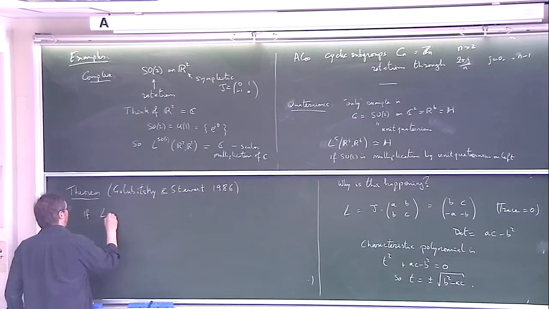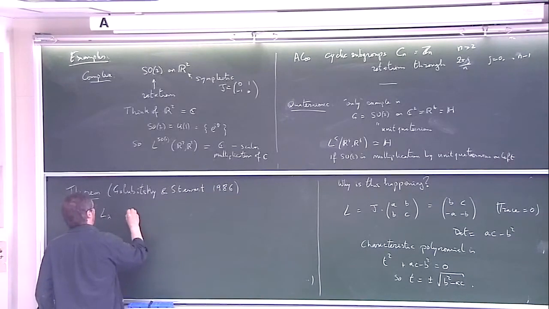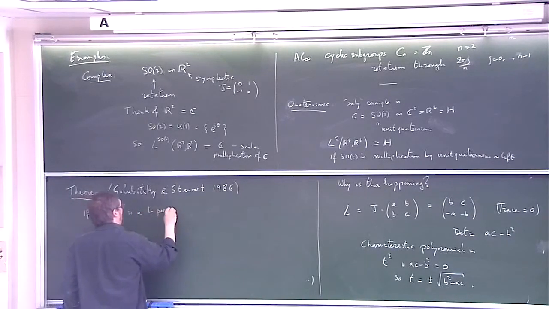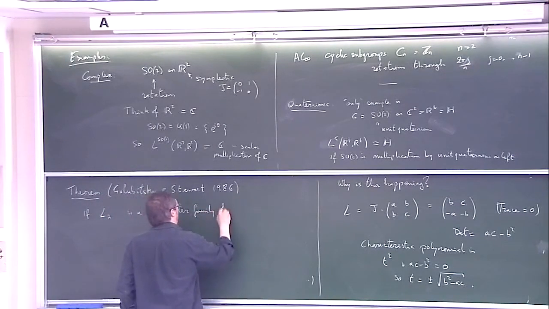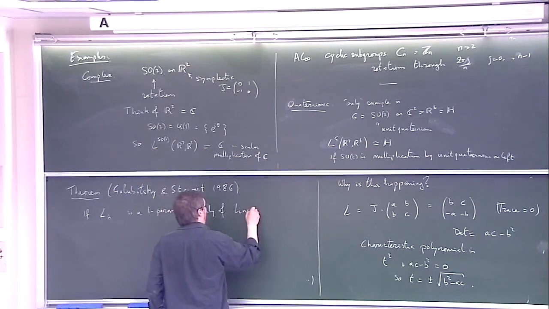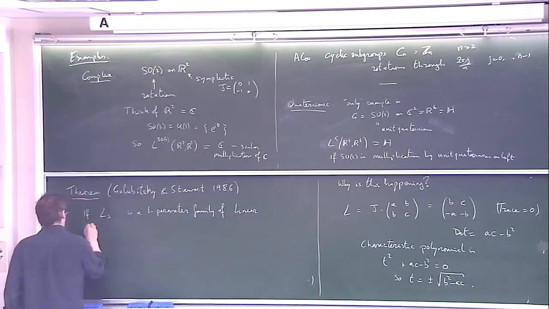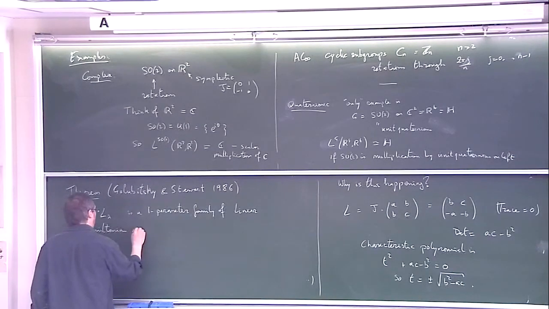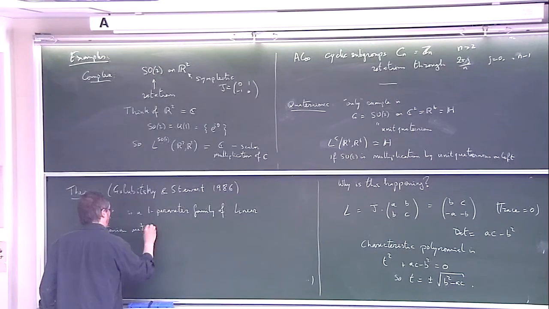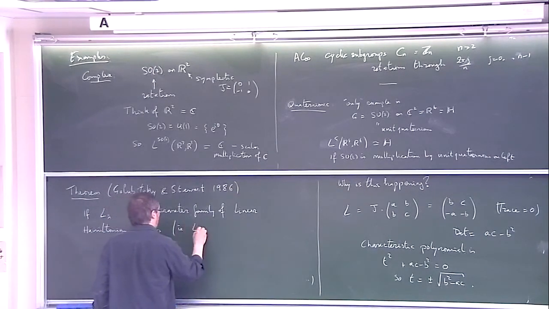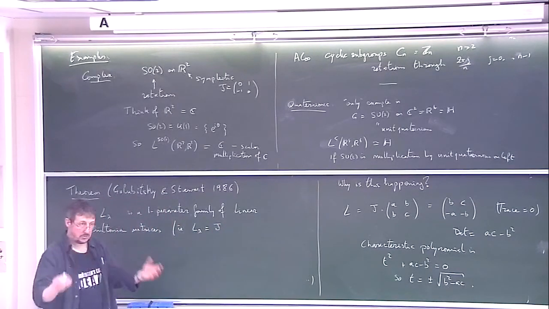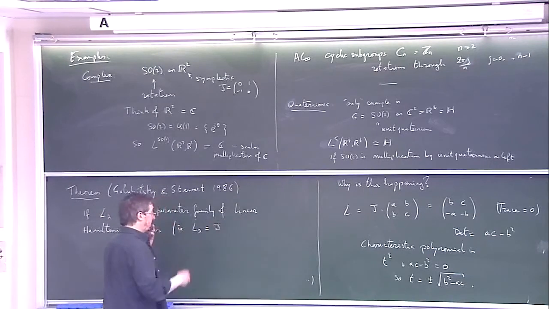L, so now I'm going to have lambda. So linear Hamiltonian systems. We've got a fixed matrix J, which is the symplectic structure, or the structure of Hamilton's equations.